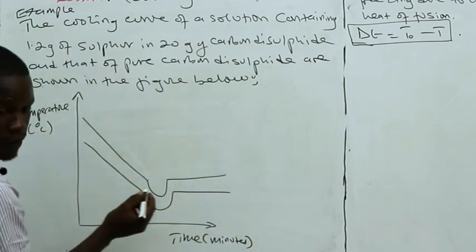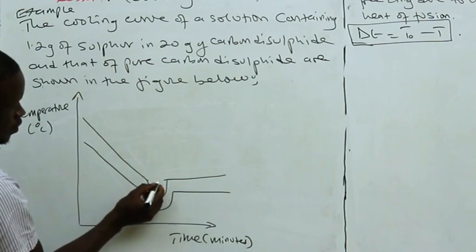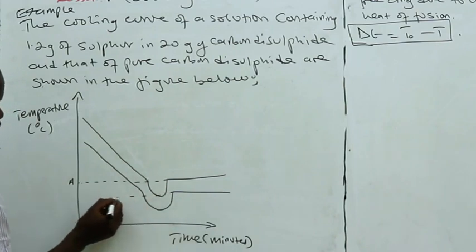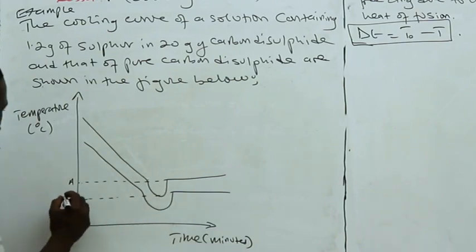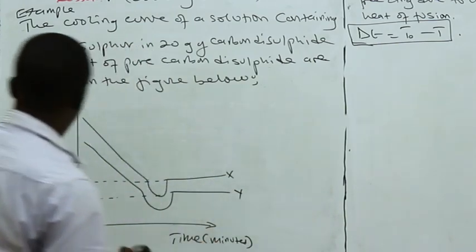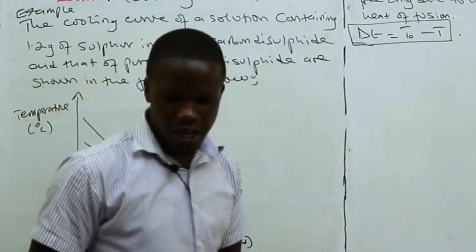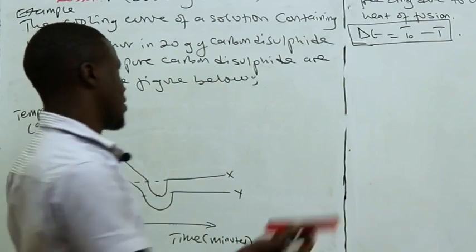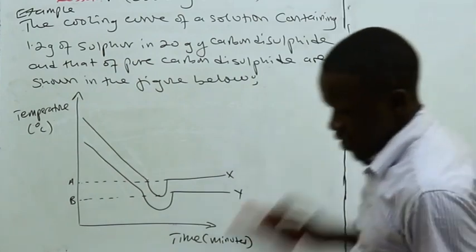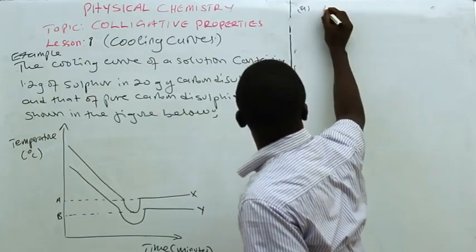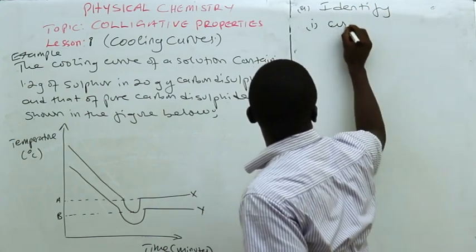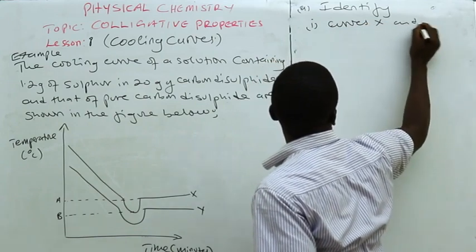This is A, this is B, and this is X, this is Y. And we have questions that say identify curve X and Y. Simple as that. This is part A. They're saying identify, Roman 1, curves X and Y.